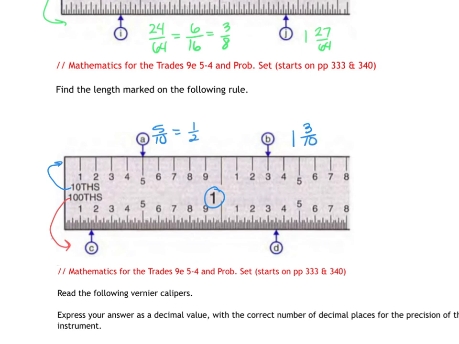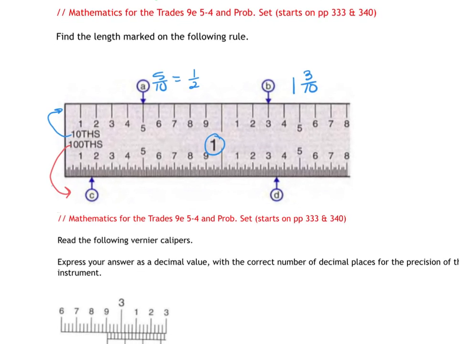Notice that when I'm doing this measurement, I count however many tick marks, and I put that number over whatever it is my tick marks represent. In this case, it's tenths, so 5 tenths is 1/2, and this is 3 tenths, but I've gone past the number 1. Down here on the bottom part of this measuring device, these are in 100ths.